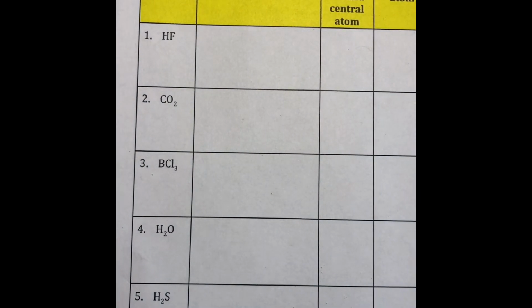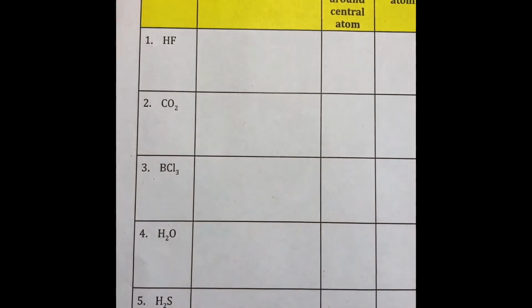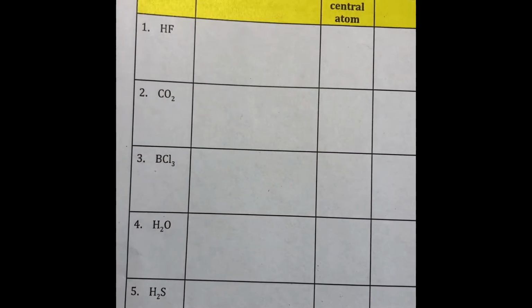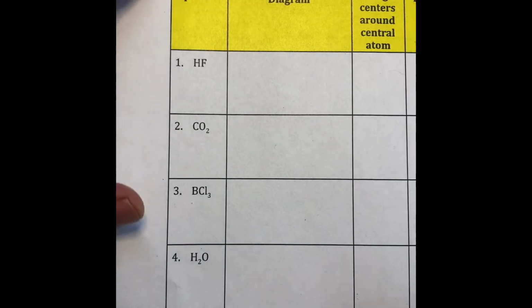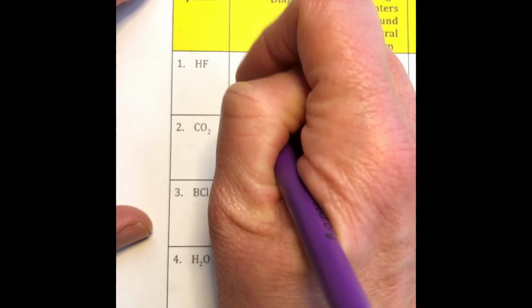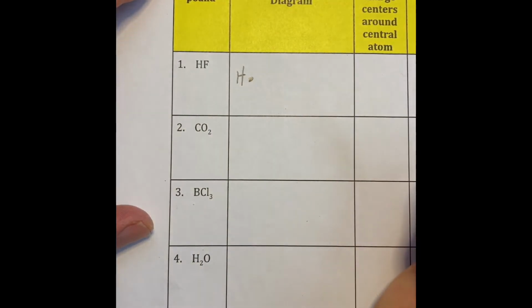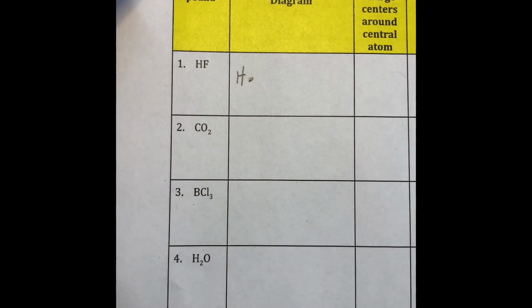The assignment says draw the Lewis structure for these, and then we will work our way to the angle and the shape. So HF. H has one valence electron, so it has one dot.